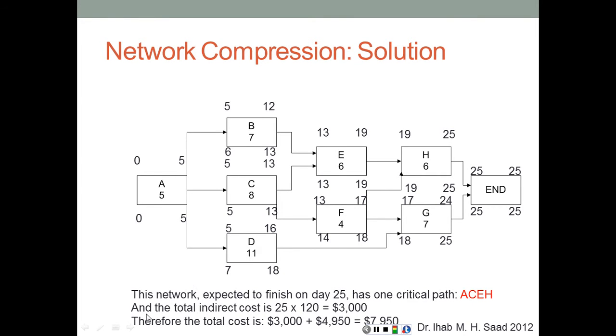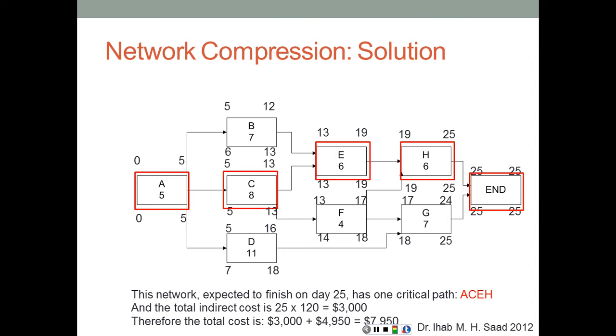And the total indirect cost is 25 days times $120 per day, with a total of $3,000. We had already calculated the direct cost to be $4,950, so the total cost for this project before compression is $7,950. And here it shows the critical path that we talked about.